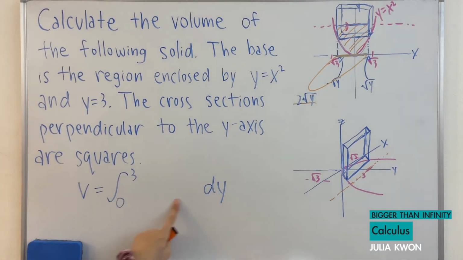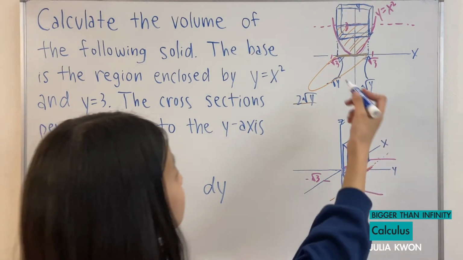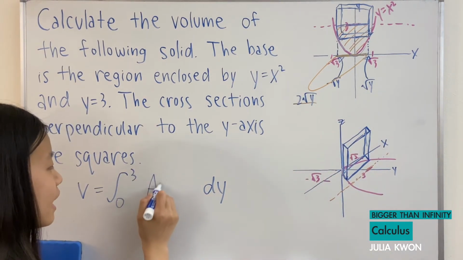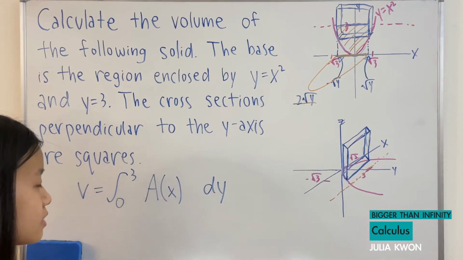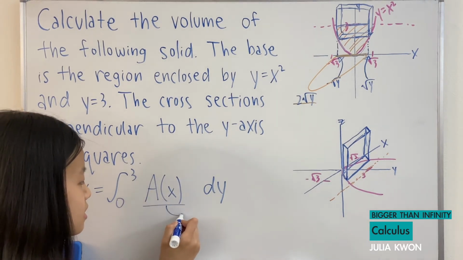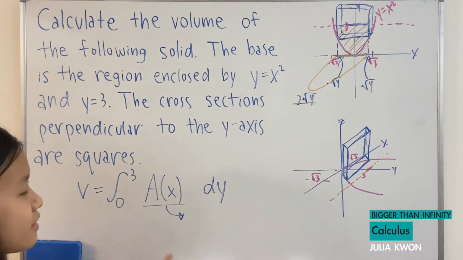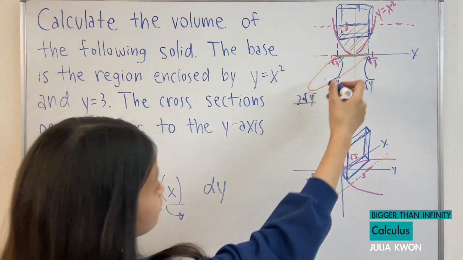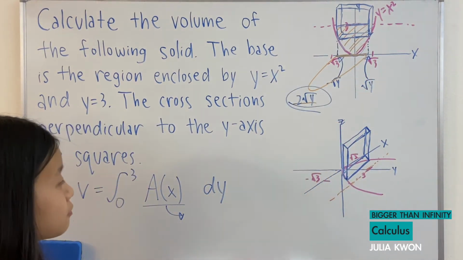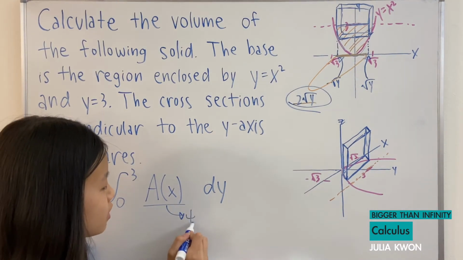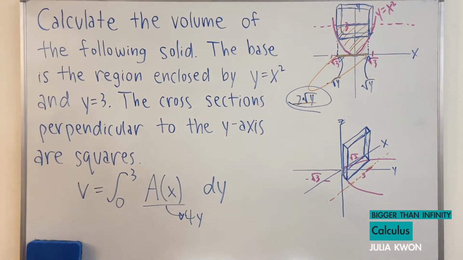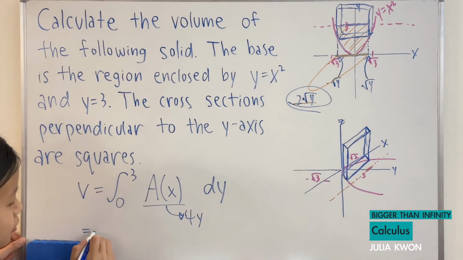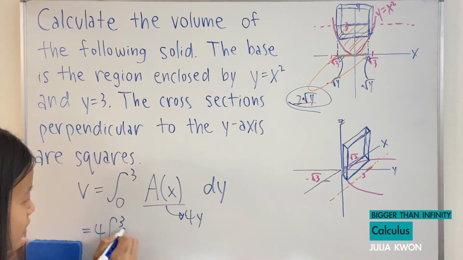And what would be the integrand? The integrand would be the area, A of y, which is the area of the square. Since one of the sides of the square is 2 times the square root of y, the area is this squared, so 4y. Let's rewrite this: it is equal to 4 times the integral from 0 to 3 of y dy.